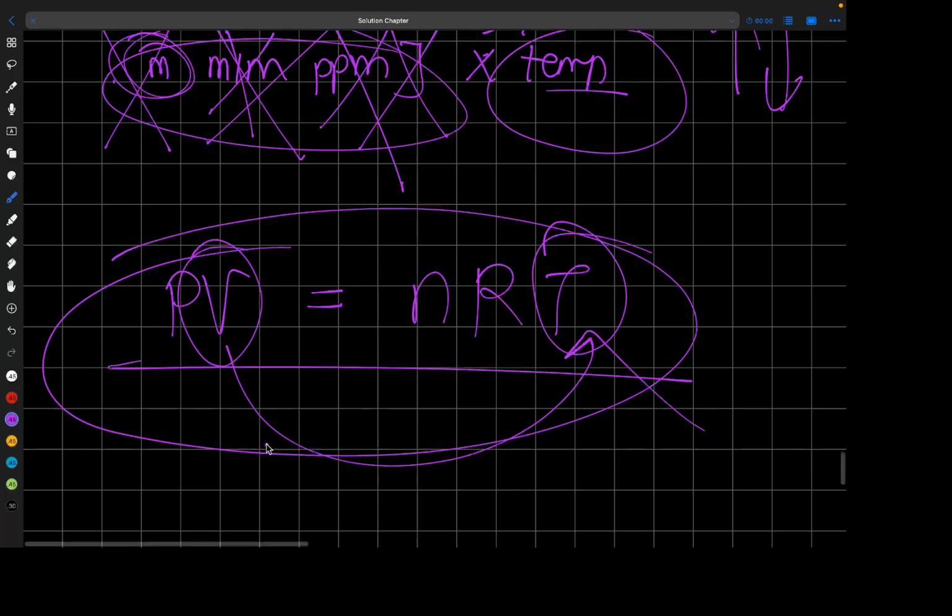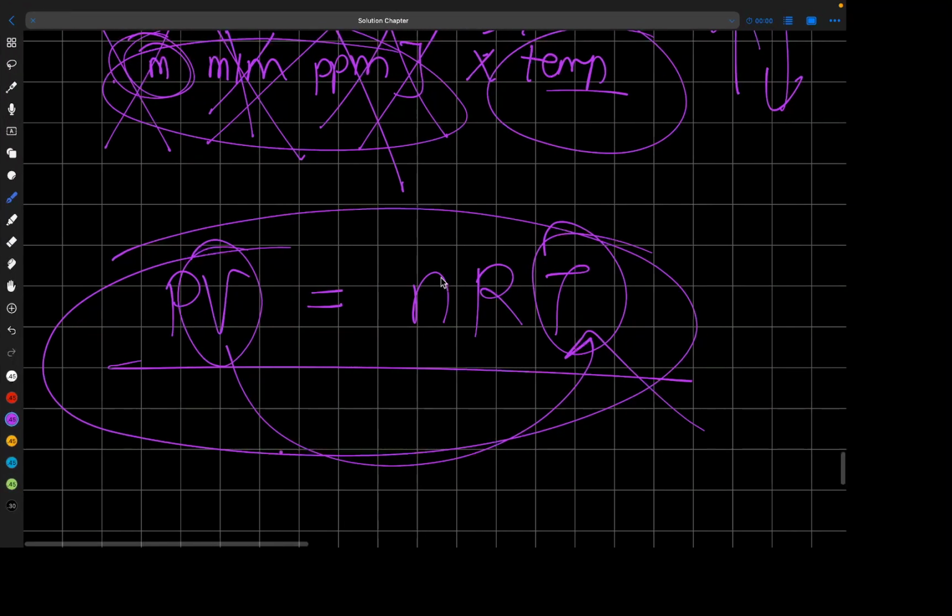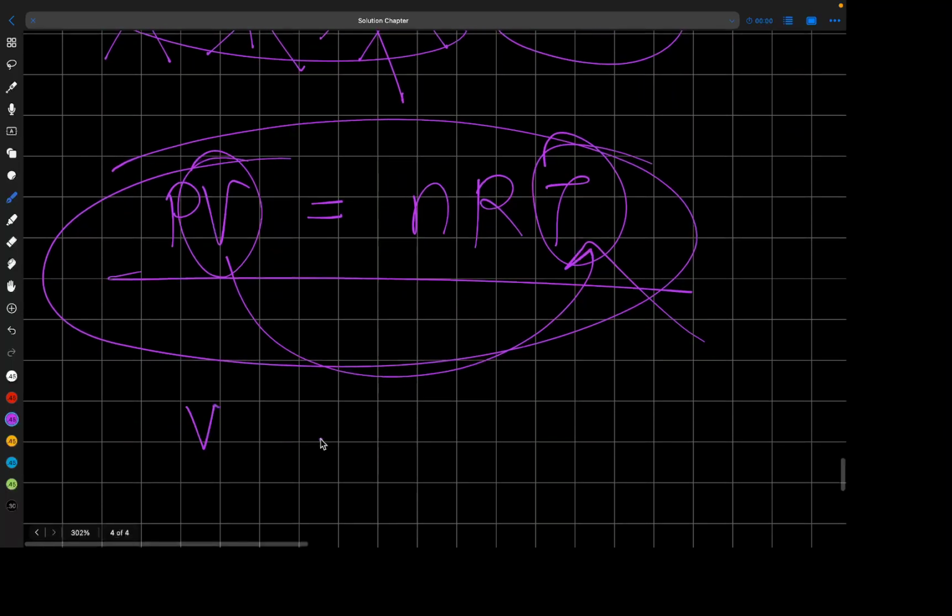Now you will ask me, sir, how will I know whether it is increasing or decreasing? That is also simple. NCERT has nothing written. This is because volume depends on temperature, that's it. But how will you see that dependence? Very simple. Volume is directly proportional to the temperature.